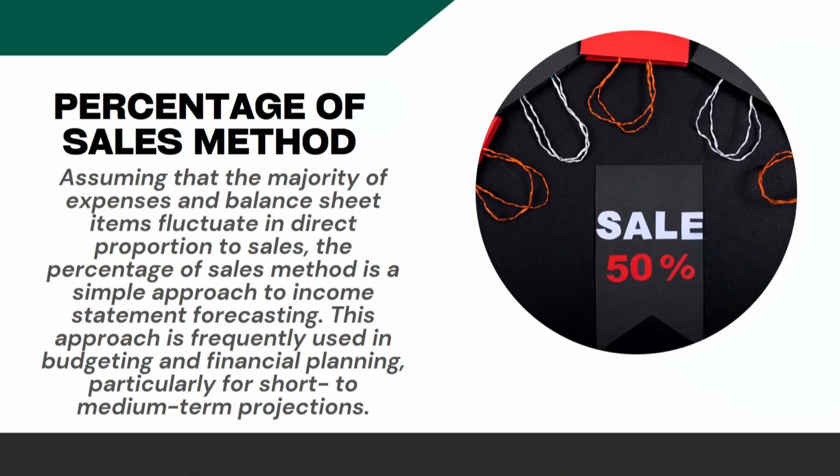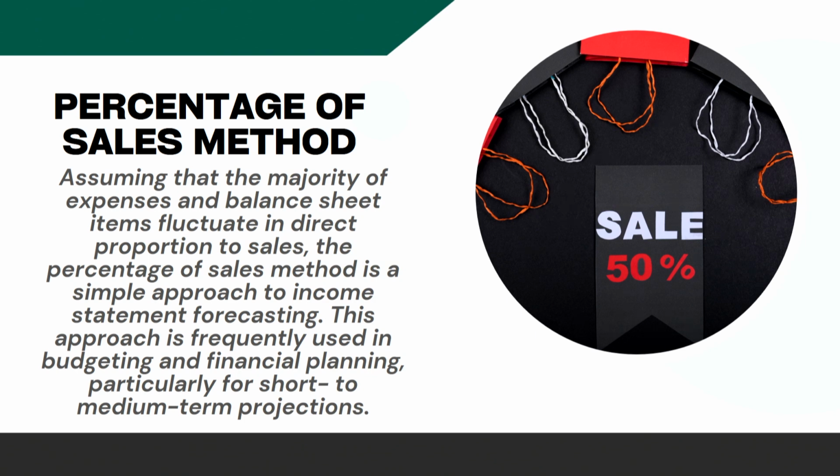Here is a brief of the percentage of sales method. It assumes that the majority of expenses and balance sheet items fluctuate in direct proportion to sales. The percentage of sales method is a simple approach to income statement forecasting. This approach is frequently used in budgeting and financial planning, particularly for short to medium term projections.